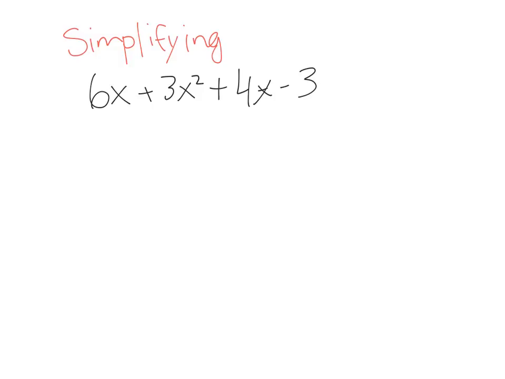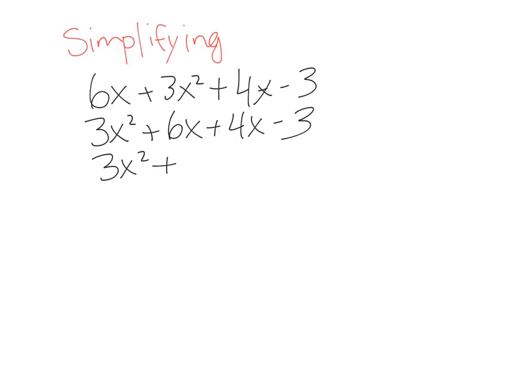So the first thing I'm going to do is reorganize it into standard form, which means I've got to put my 3x squared first because it has the highest exponent, plus 6x plus 4x minus 3, and then I would combine my like terms, and 6x plus 4x equals 10x. I leave the 3x squared because there's nothing to combine it with. I leave the negative 3 because there's nothing to combine it with, and this would be my answer here.